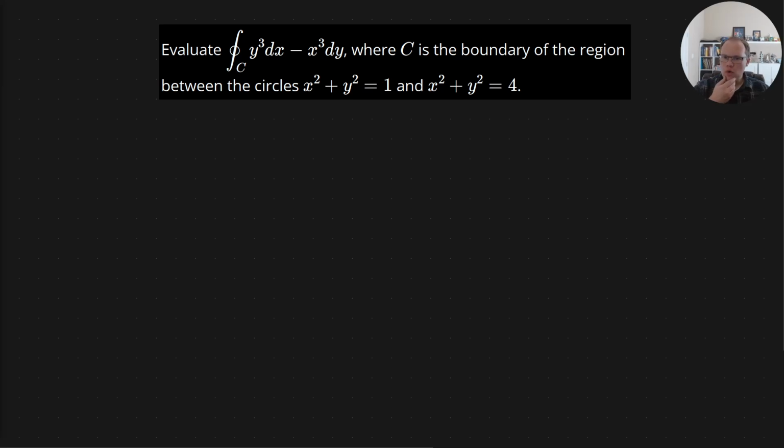Let's take a look at one more example. Here we want to evaluate the line integral of a vector field over curve C, where C is the boundary of the region between the circle of radius 1 and the circle of radius 4. So let me quickly draw it out.